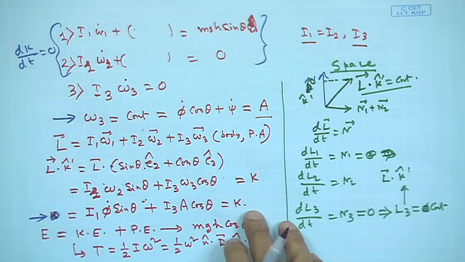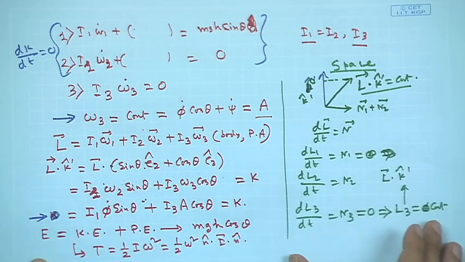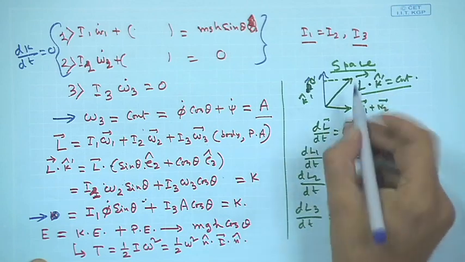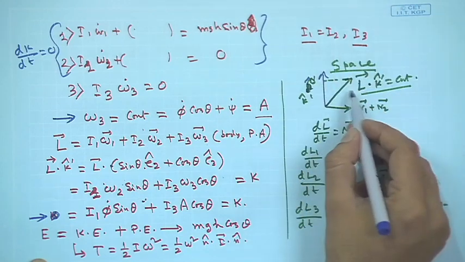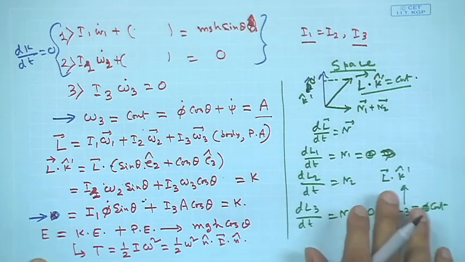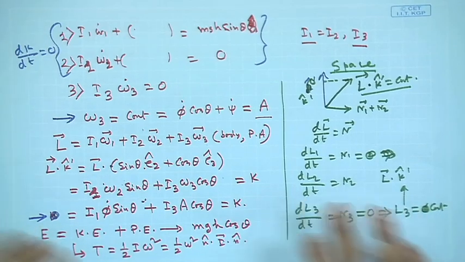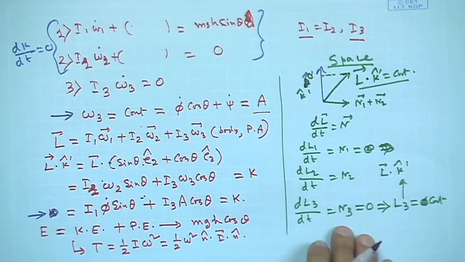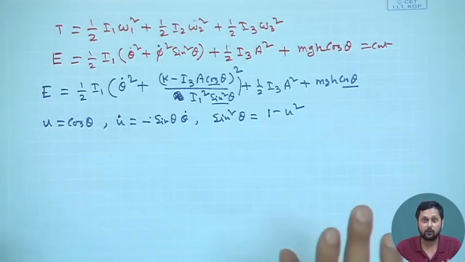Instead of doing this physical picture, where we try to analyze L in terms of the space set of axes, we could have done this mathematics also, but I like the physical picture. That is why I did it this way. Of course, we are not writing Euler's equation explicitly. Instead, what we are doing is mathematical manipulation, and it turned out to be pure algebraic in nature. Right now, we are not writing a single differential equation.